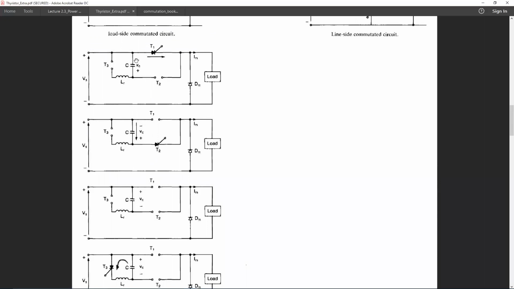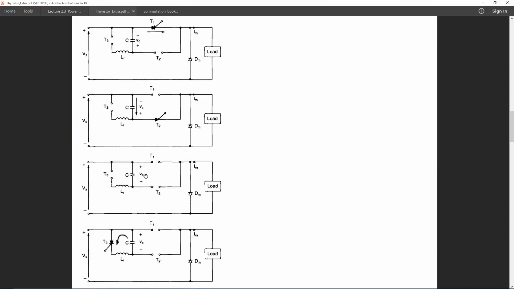If we go back to our first diagram, this is the initial condition to turn off the T1. So if we leave the voltage of the capacitor like this, the next time we start T1, there will be no way we can start this T2, because even if we start the T2, this negative voltage will be connected to the cathode.